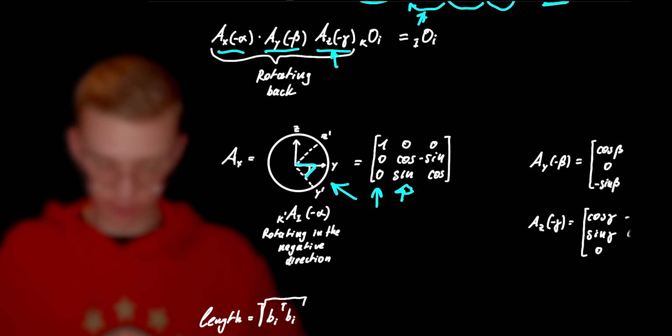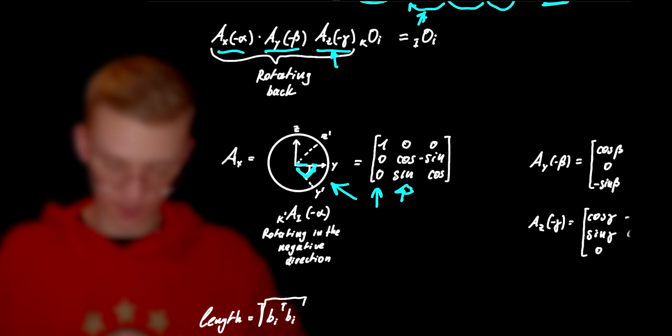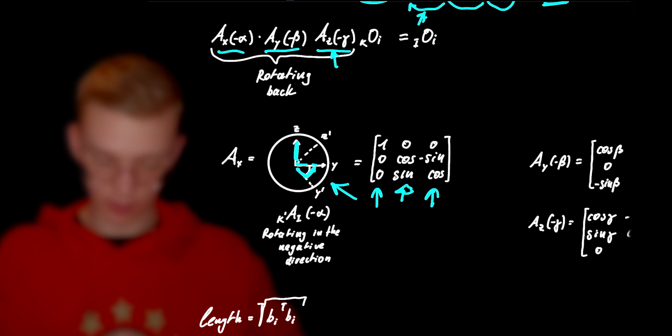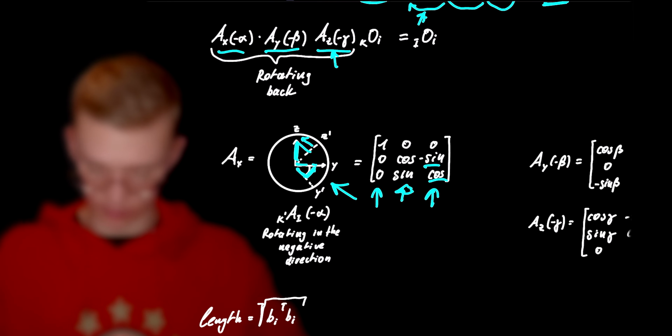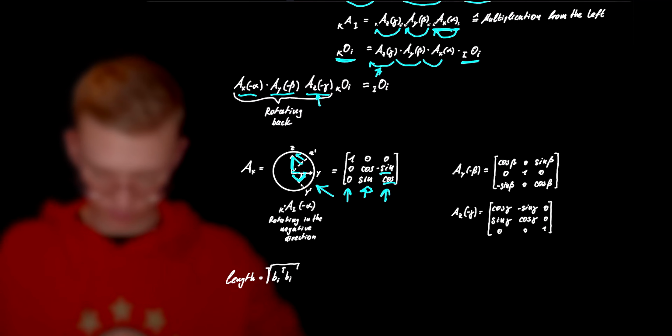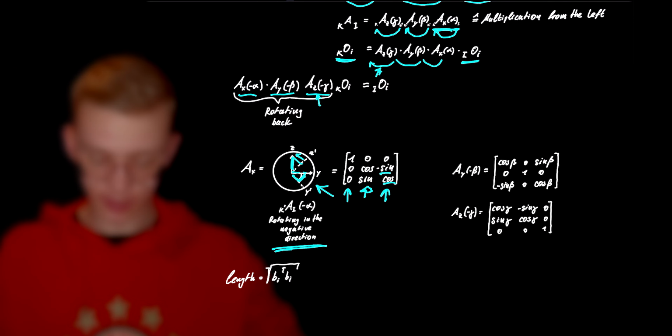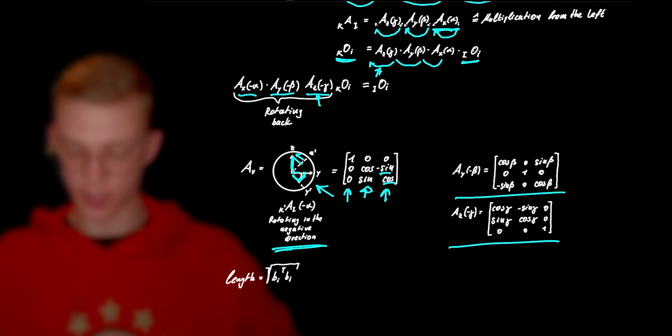We have a positive cosine right here and a positive sine right there. And for z, we do the same thing. We have z, we have a positive cosine, but a negative sine. So that's right there. And again, rotating in the negative direction. And we do the same thing for beta and gamma.